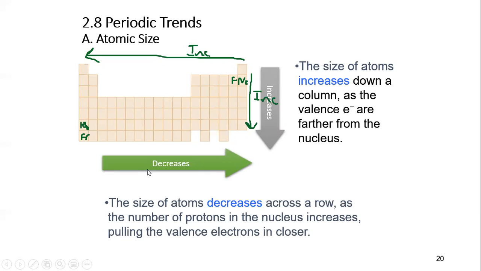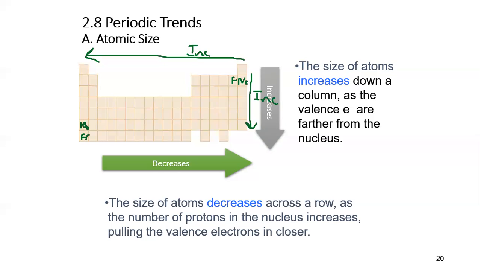Again, the number of valence electrons increases from left to right. As you increase the number of valence electrons, you also increase the number of protons. It pulls those electrons closer to the nucleus, because those valence electrons have fewer bodyguards, which are called the inner electrons, to protect them from the attraction of the nucleus.